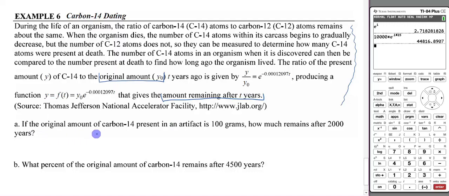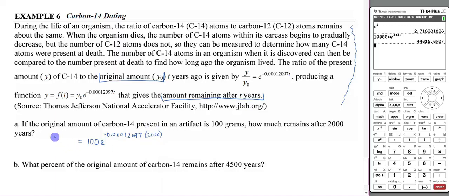So here, if the original amount of carbon-14 present in an artifact is 100 grams, how much remains after 2,000 years? Let's go ahead and fill in this function. Y sub O, remember, is your original amount. The original amount of carbon-14 present in an artifact is 100 grams. Then we multiply that by e to the negative 0.0001297 times T. They want to know how much remains after 2,000 years, and that is our T, the 2,000.